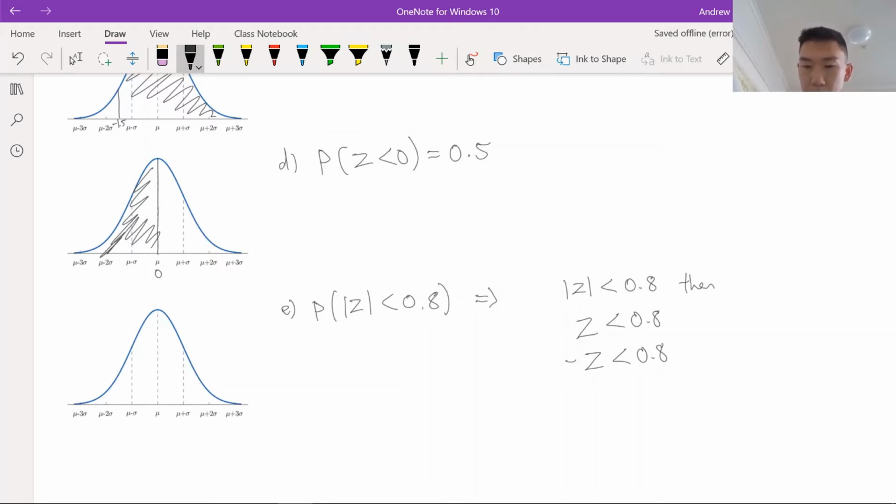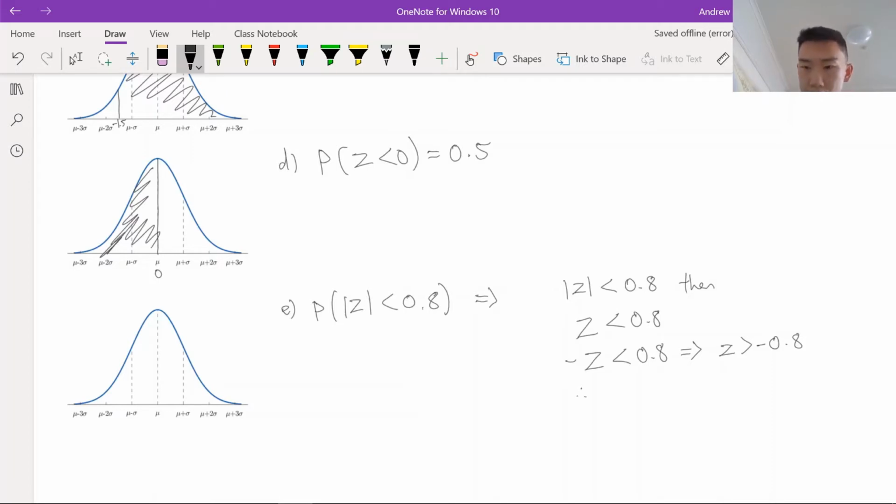So if we rearrange this equation to get positive Z, we have to flip the inequality because we're dividing by negative 1. So that means that Z is greater than negative 0.8.